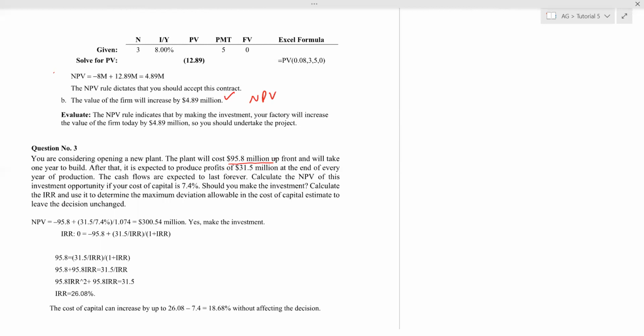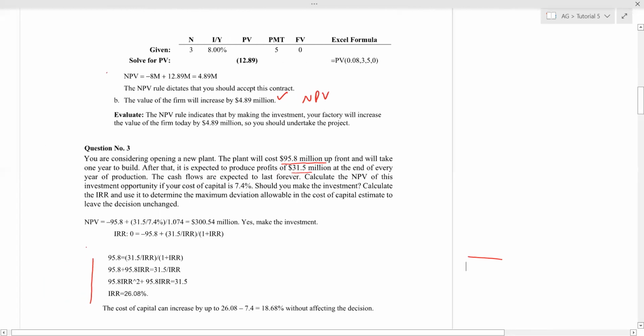After that, it is expected to produce profit of 31.5 million at the end of every year of production. So this situation is like this. At year 0, the plant will cost 95.8.